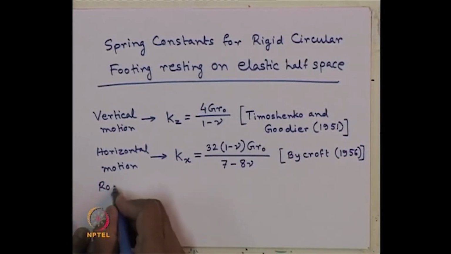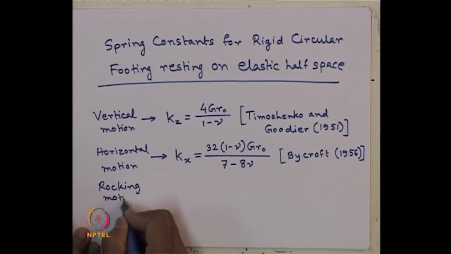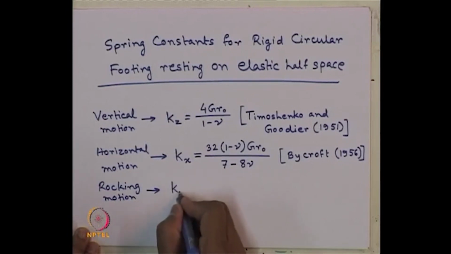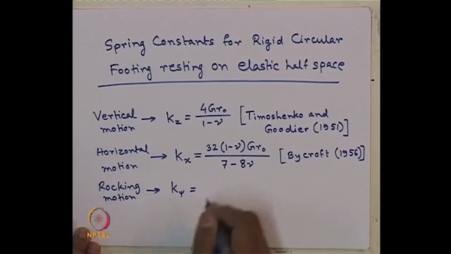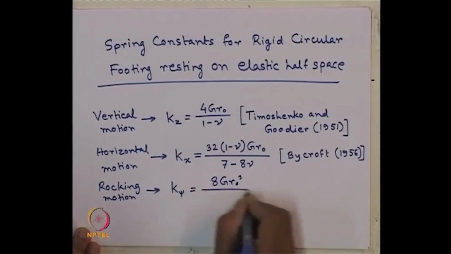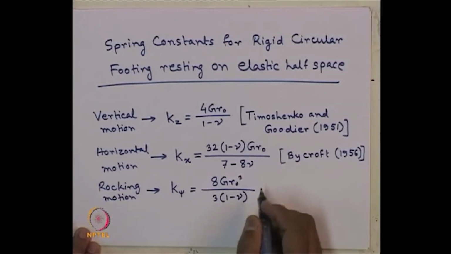For rocking motion, the symbol K psi, 8 g r naught cube by 3 times 1 minus mu.